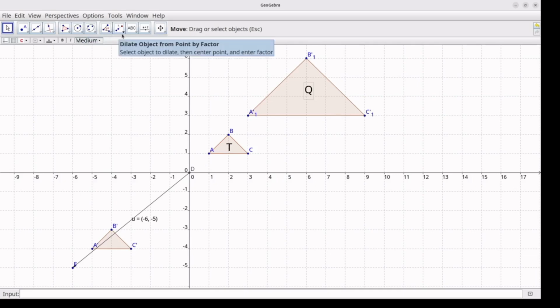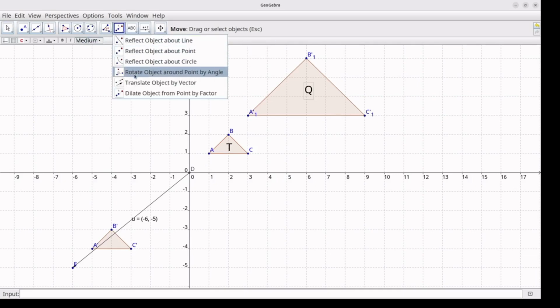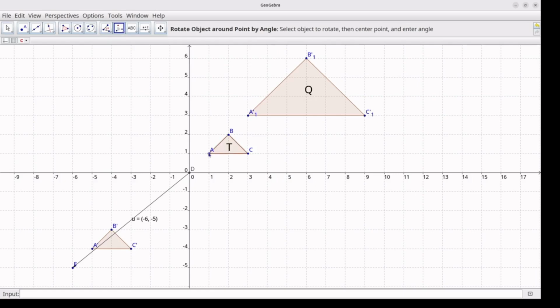So to rotate that, just select rotate around (0, 0), 180 degrees. And there is your resulting image.